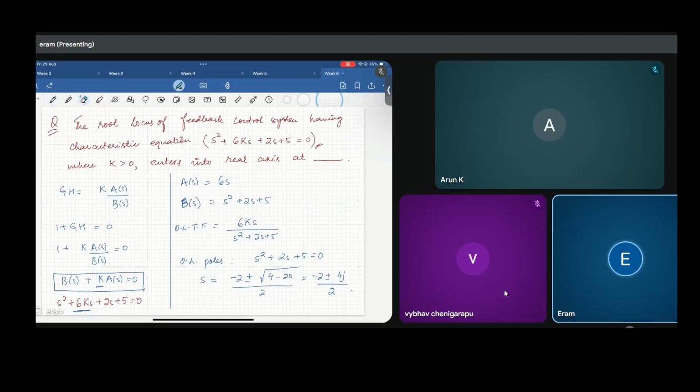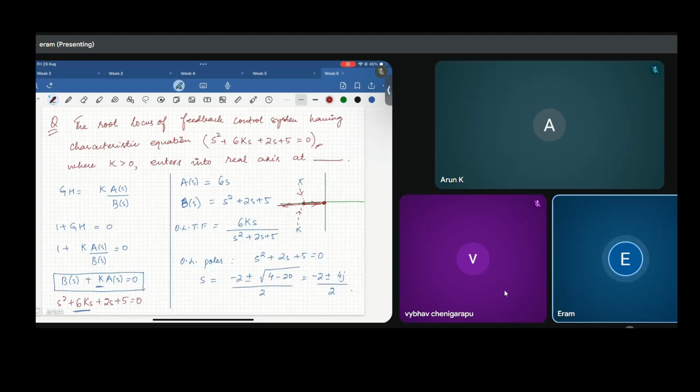What I am saying is, we have a zero at the origin and the poles are complex, so it may hit the real axis such that one branch will terminate at 0 and the other branch will go to infinity.